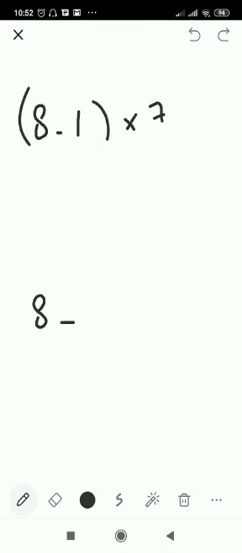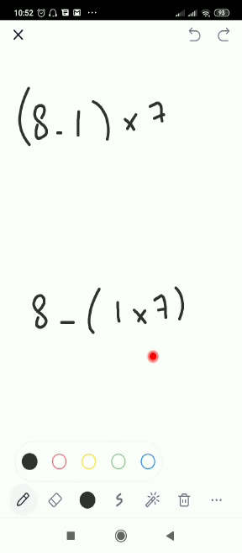And if I put the bracket around 1 multiplied by 7, what will be the answer? Here I put the bracket around subtraction, here I put the bracket around multiplication. Let's solve and find out.